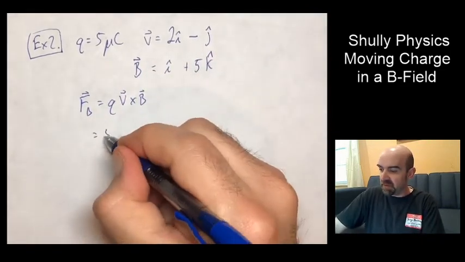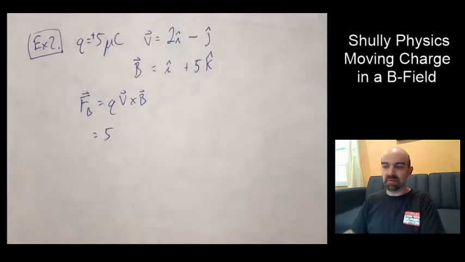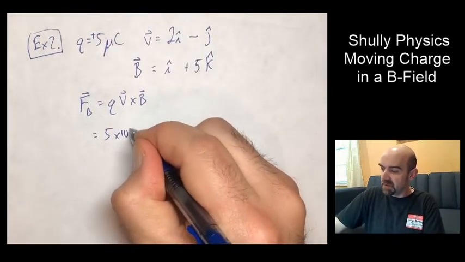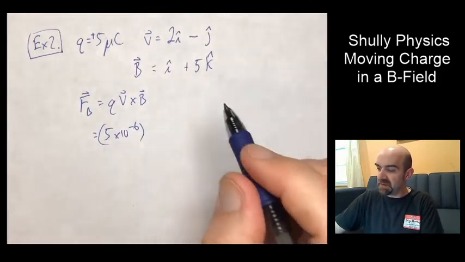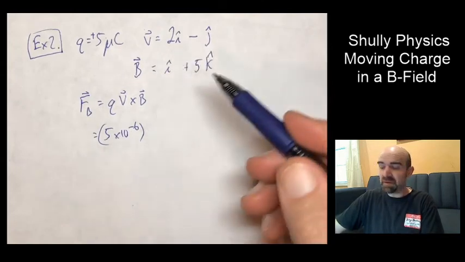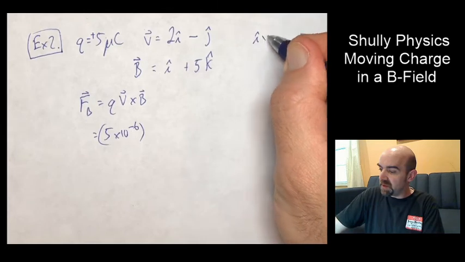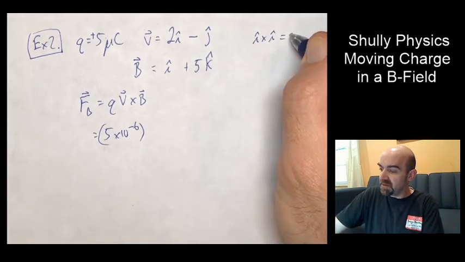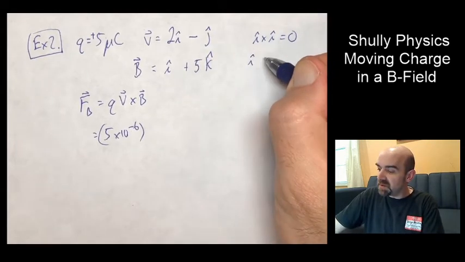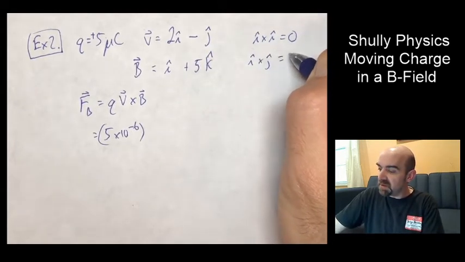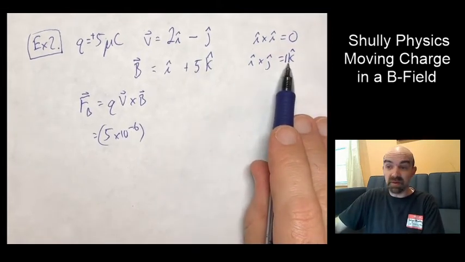Well, we would have that 5 microcoulombs. I'm going to make it a positive this time. We've got a positive charge, 5 times 10 to the negative 6 coulombs. And then we've got this V cross B. So here we're taking the cross product, or the vector product, keeping in mind that i cross i is 0, so any components that are parallel give 0, and keep the example that i cross j is a positive 1k.